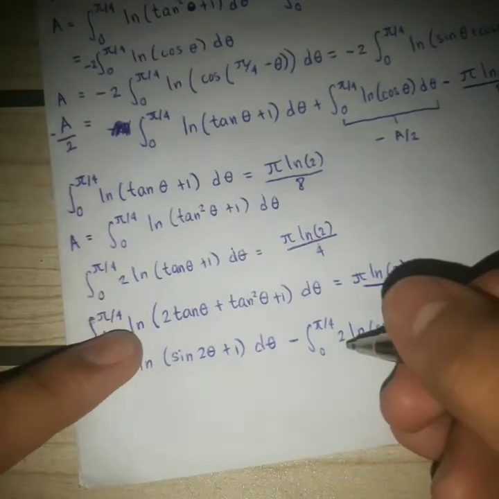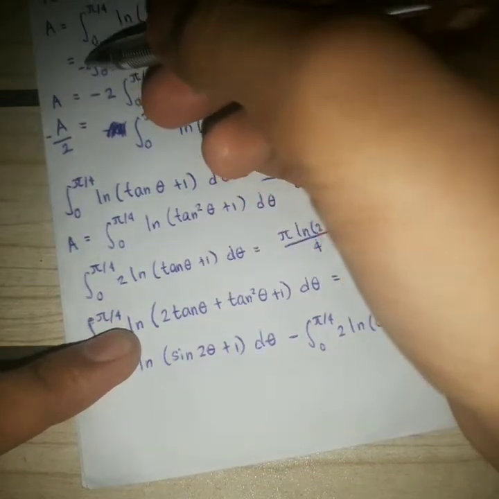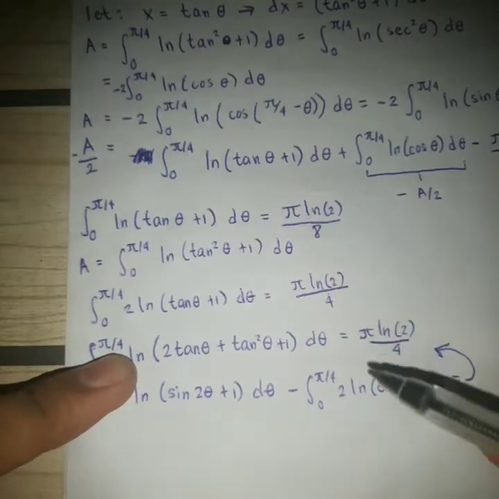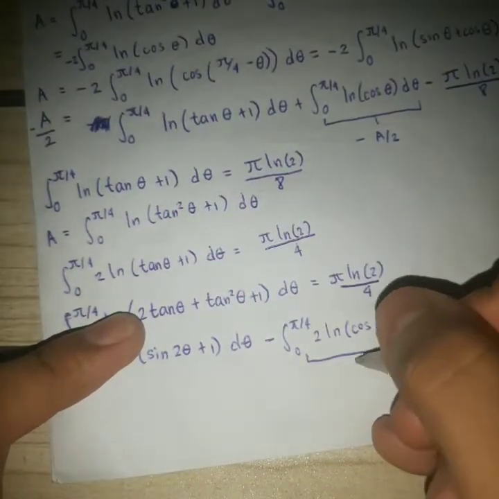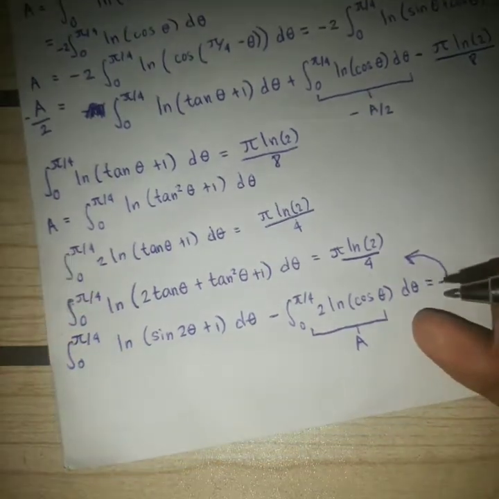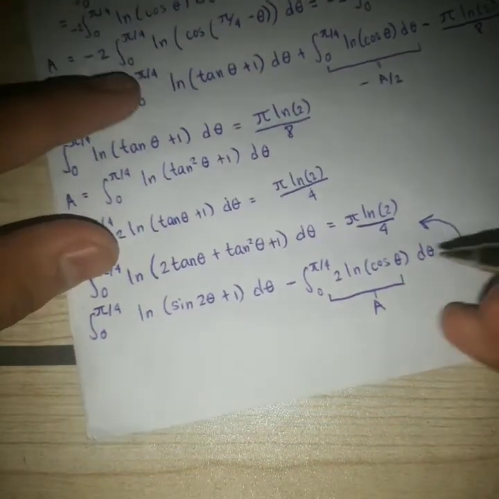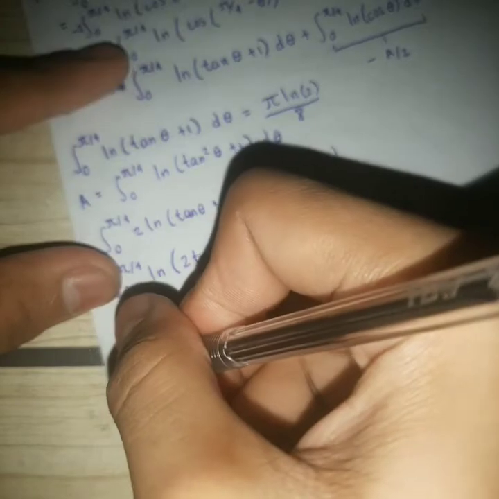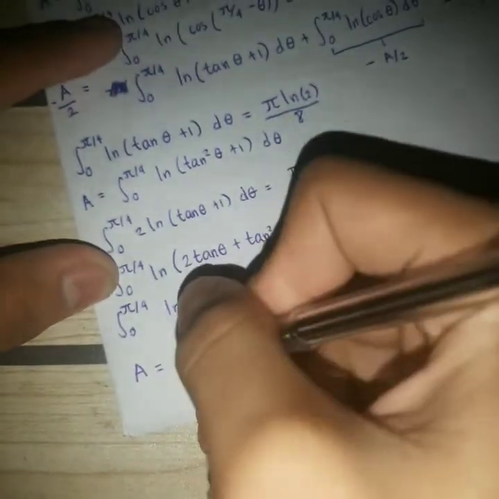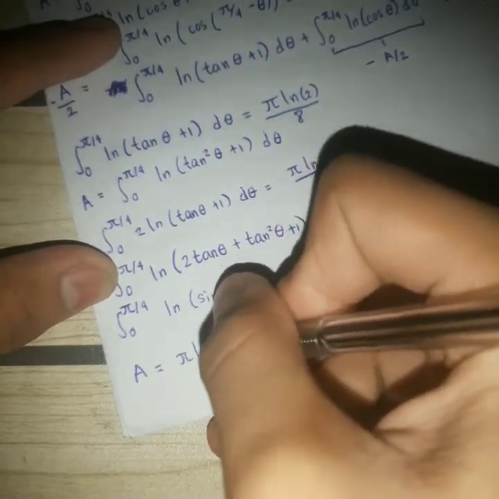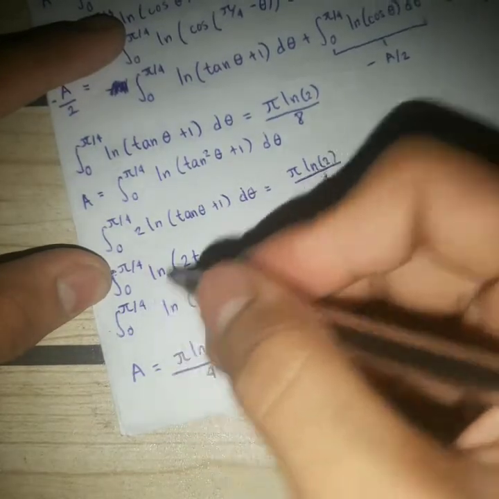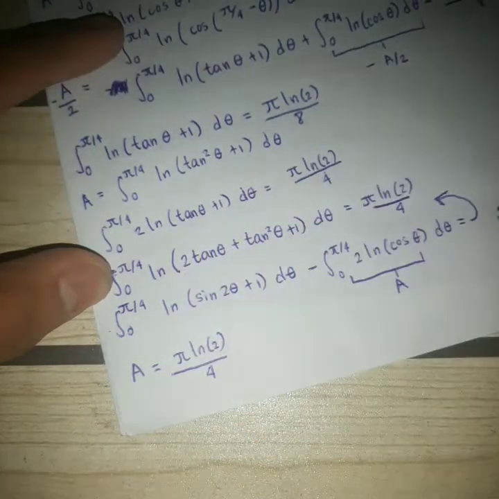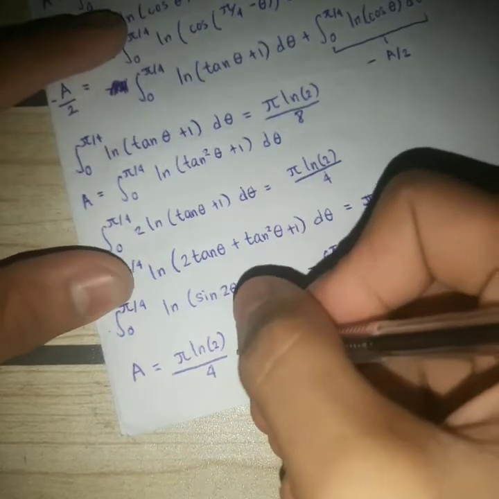So here we know that this is just equal to this, and this is just equal to a, so this term is just a. So we could now say that a is just equal to pi ln 2 over 4 minus, if we transpose this integral to the other side of the equation, this will become negative.